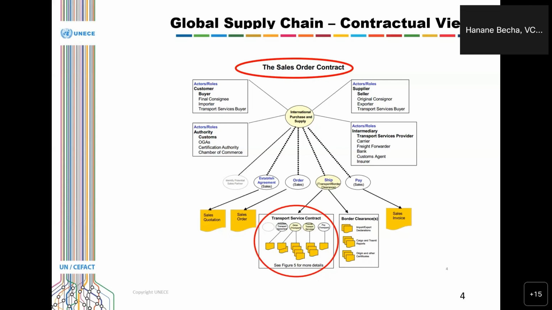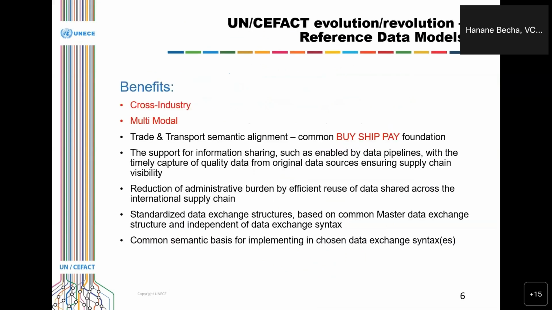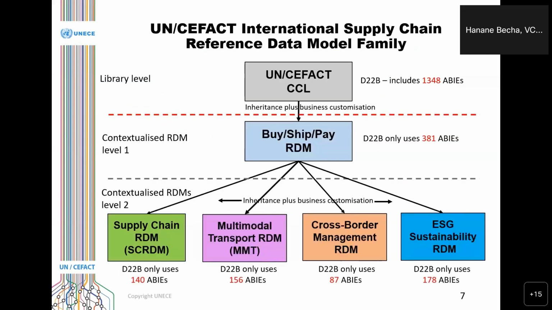Why is this work very important? We do believe that we are really aligning the semantics between the trade and the transport. And we are really supporting the information sharing. So we are enabling, for example, data pipelines with timely captured information, with a good quality captured at the origin source, and ensuring the supply chain visibility. We are trying as well to reduce as much as we could the administrative burden by efficient reuse of data shared across the international supply chain.